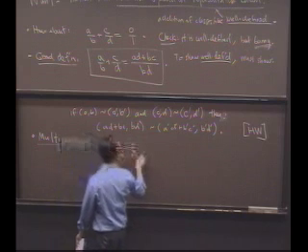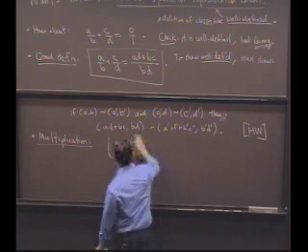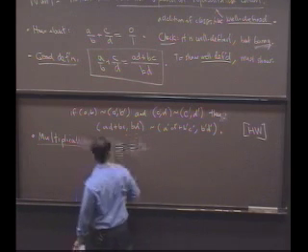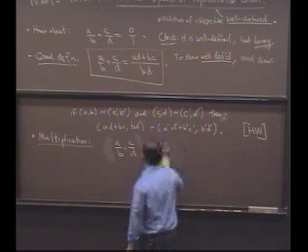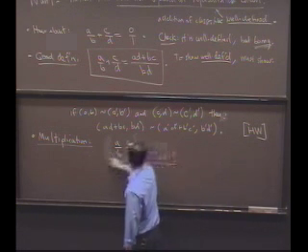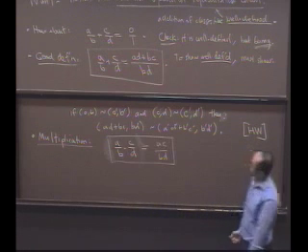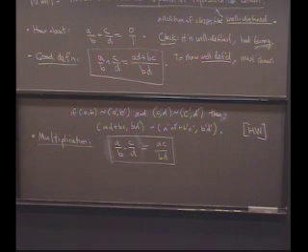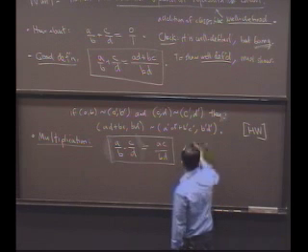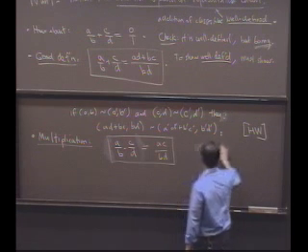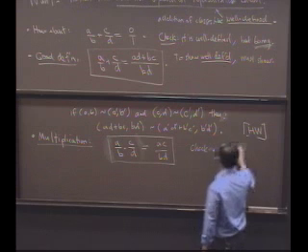So if I want to multiply two fractions, I'll define this to be what? AC over BD, the class of. Okay. And again, I want you to check that this is well defined. Also on your homework.